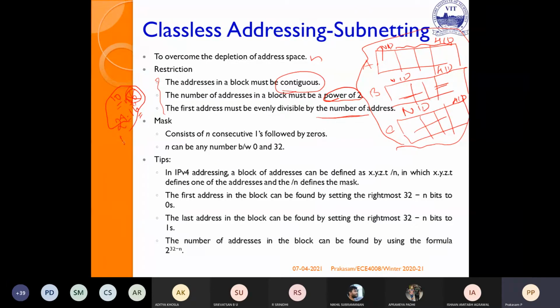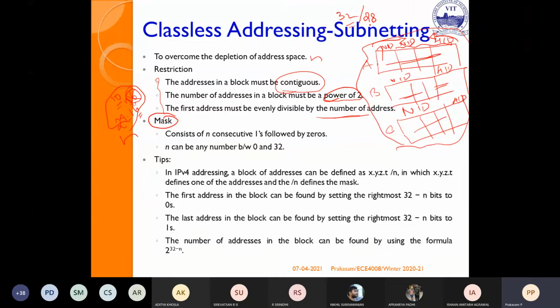Then how are we going for subnetting? We are creating the mask. Suppose, for example, I need only 10 systems out of 32 bits. Always from left to right we allocate bits for the network ID, and from the right side, bits for the host. If I need 10 systems out of 32, only 4 bits are sufficient for me, so out of 32, I allocate 28 bits for the network.